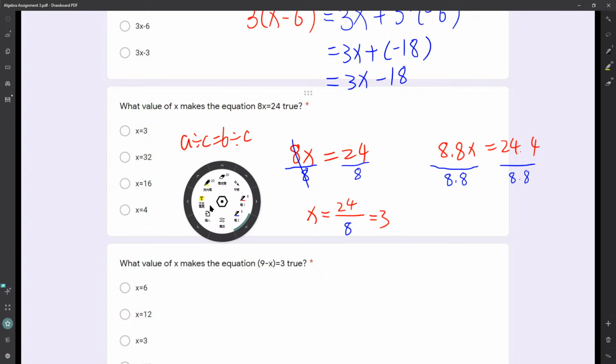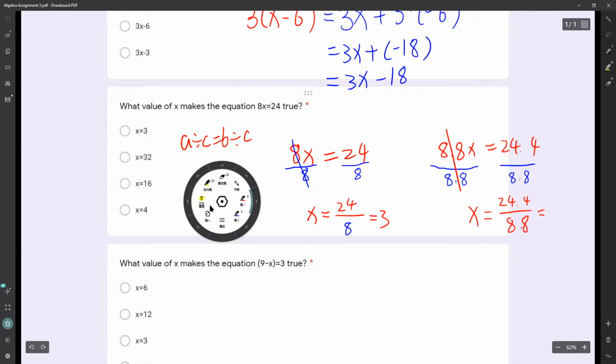If you divide by the multiple of x, you're reversing this multiplication. So 8.8 divided by 8.8 is going to cancel, and we have just 1x equals 24.4 divided by 8.8.